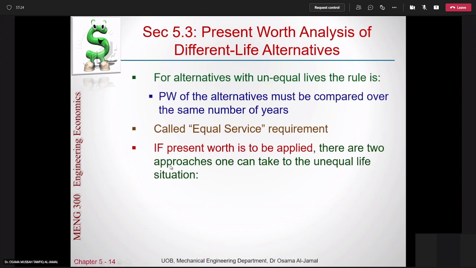So if present worth is to be applied, there are two approaches to the unequal life situation. So in this section, we're going to go through two different situations to make them equal.